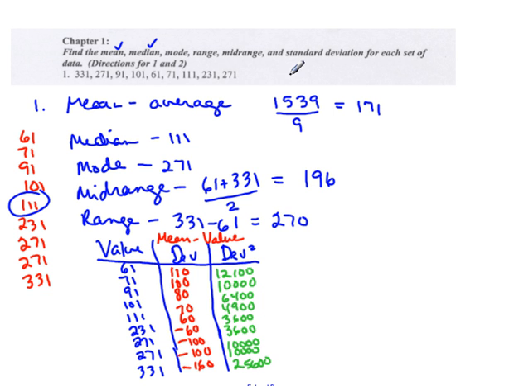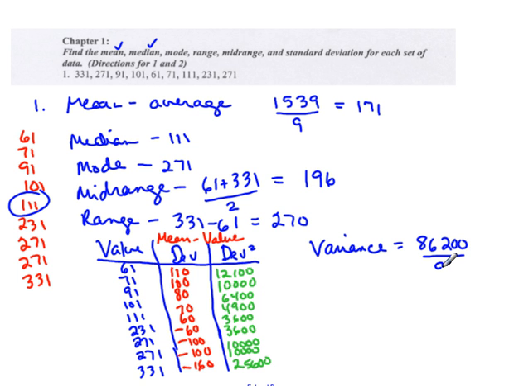Okay, the next step to finding the standard deviation is to find the average of this last column, the deviation squared. That's called the variance. So to find the variance, we add up this column and take the average. So when I add this column up, I get 86,200.